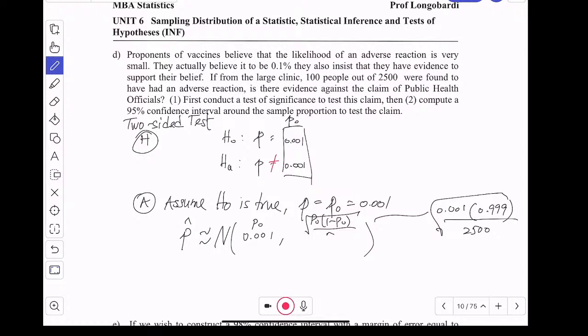I just keep going back to the formula sheet. 0.001 times 0.999 divided by 2500, square root. 0.0006. Very small again, very narrow, tight distribution. Small standard deviation.